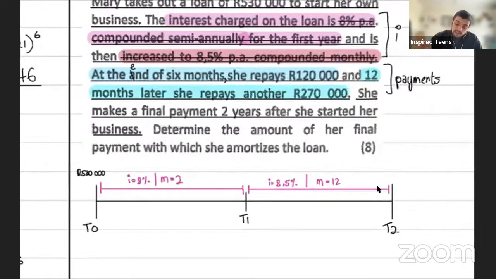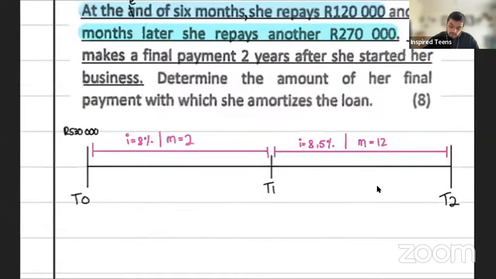Now what we need to do next is, at the end of 6 months, she repays 120,000 rand. So she's making a payment into her account. Payments basically decrease the loan, because now she's making a payment towards the loan. It's decreasing the amount she owes.